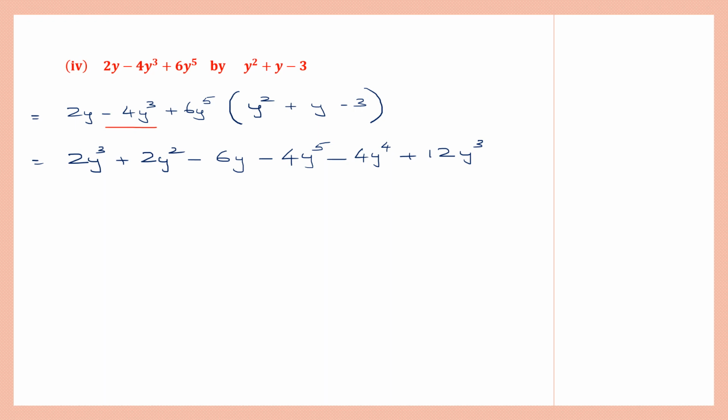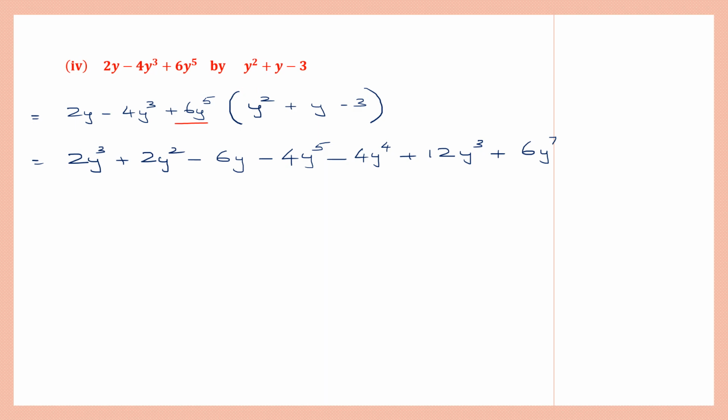Now we'll go on to the next one, that is plus 6y to the power of 5, because we have finished with the previous one. Now multiply this into this. The sign is plus, the number is 6, y to the power of 5 into y to the power of 2 is y to the power of 7. We are adding up the powers.